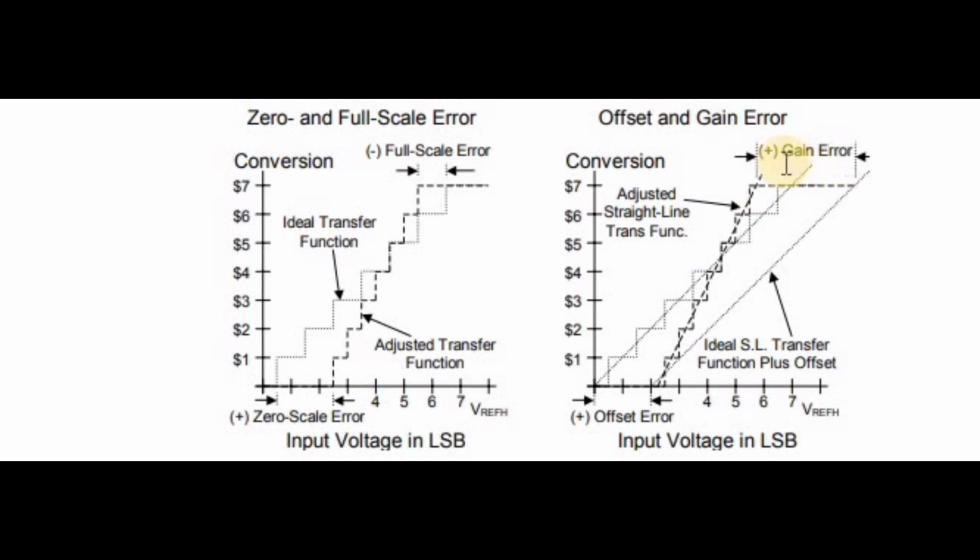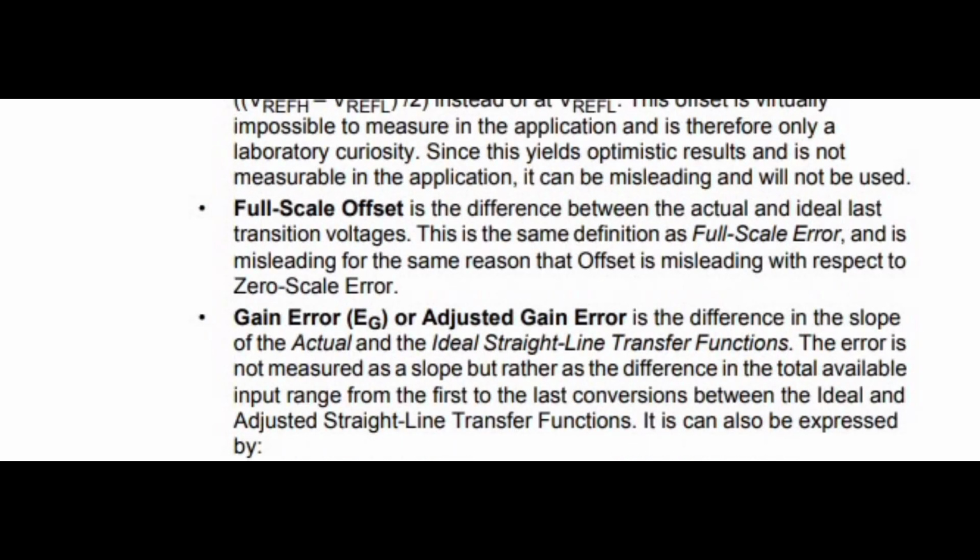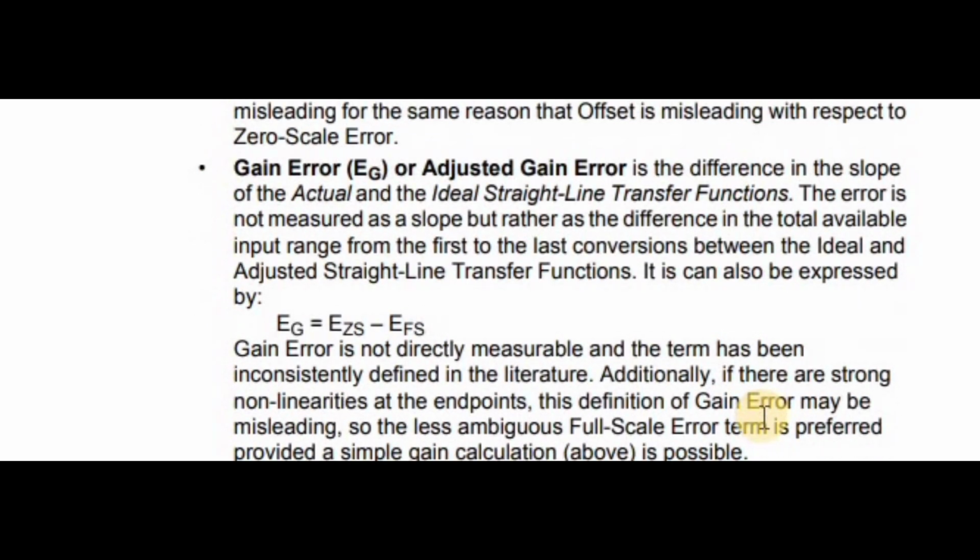It is defined as a difference in the slope of the actual and the ideal straight line transfer function. The error is not measured as a slope, but rather as a difference in the total available input range from the first to the last conversions between the ideal and the adjusted straight line transfer function. So it is also expressed by EG is equal to EZS minus EFS.